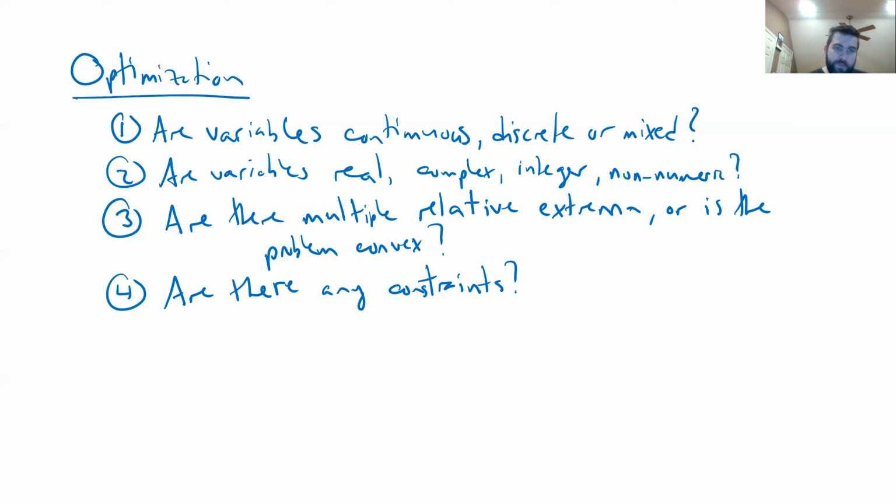Before going on, I want to highlight this point 3 for a moment. What do we really mean when we talk about multiple extrema? Well, let's just sketch it out.